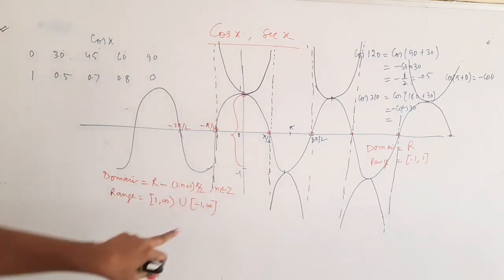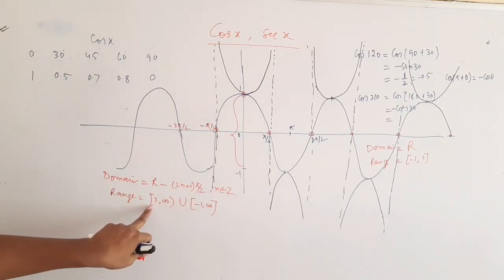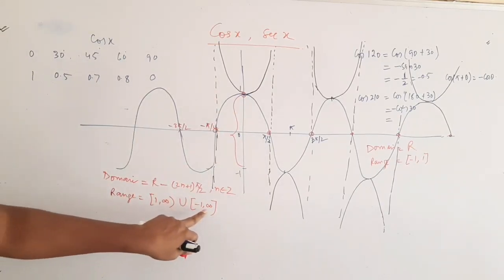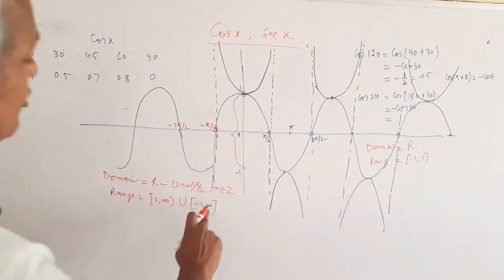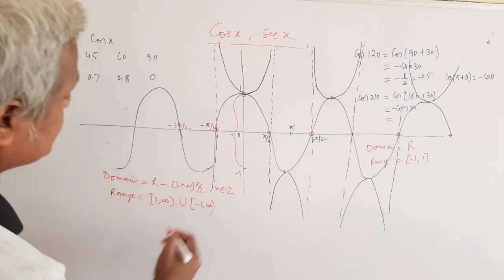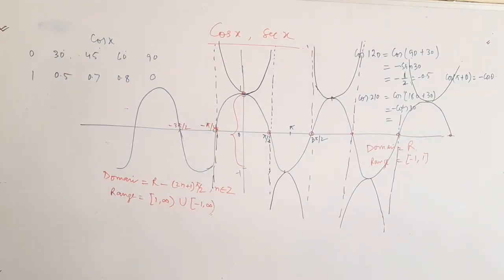So this point is included, that's why it is a closed bracket, and infinity cannot be included because it is undefined, that's why it is an open bracket. So this is our cos and sec graph.